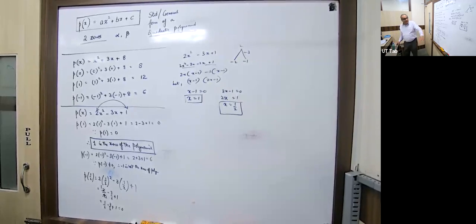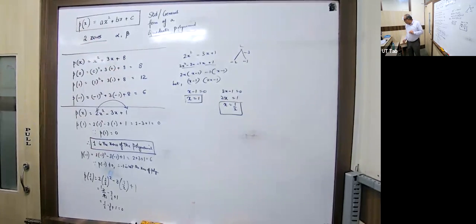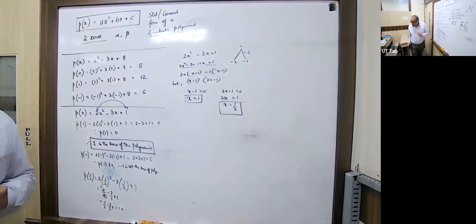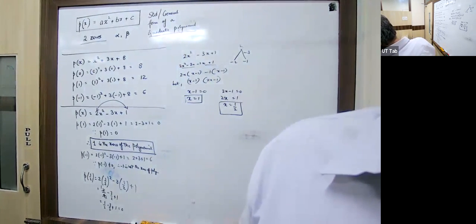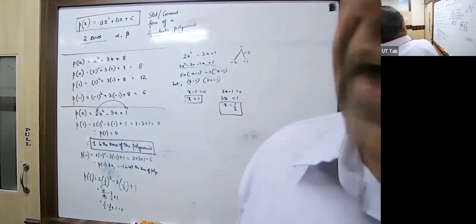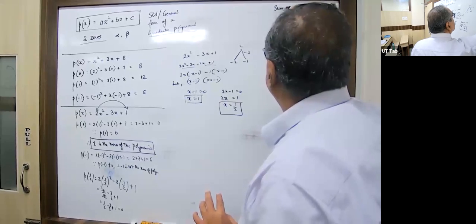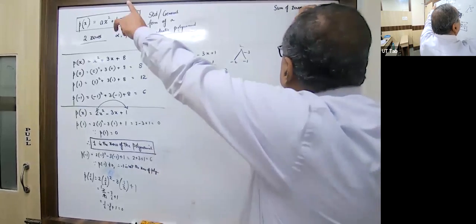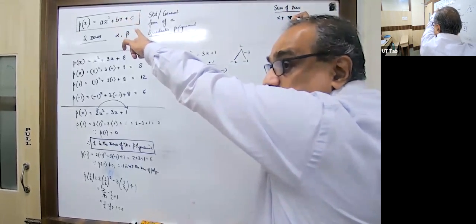Now we come to, as I said at the beginning, a quadratic polynomial will have 2 zeros. One is alpha, one is beta. The first type of question that you can get here is verify the relationship between the zeros and the coefficients of a polynomial. For that, we are going to use something called sum of the zeros with reference to ax squared plus bx plus c.